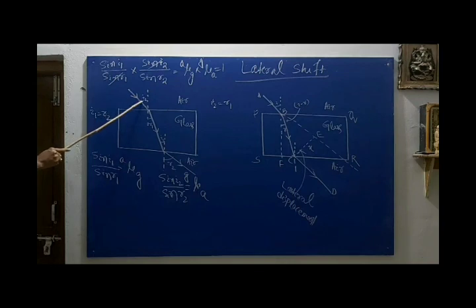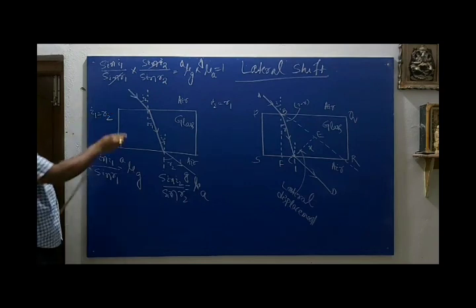After this angle is equal, these two rays must be parallel to each other. So when a ray of light is refracted through a glass slab, the emergent ray must be parallel to the incident ray. Only there is a lateral shift.